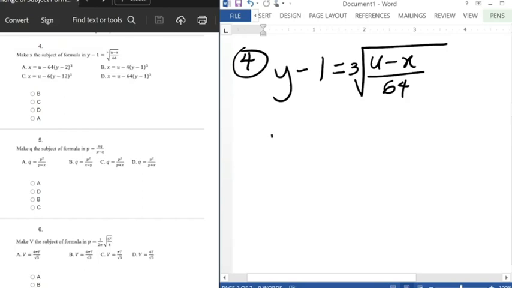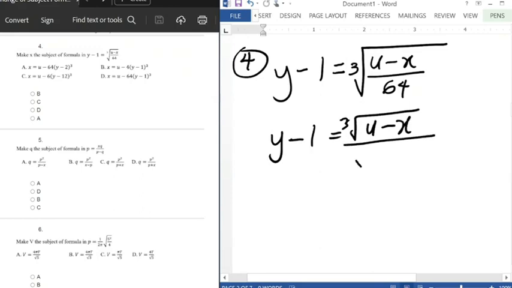We have y minus 1 equals cube root, because what we have inside the cube root is division, so we can separate them. That is, we can have cube root of u minus x divided by cube root of 64.